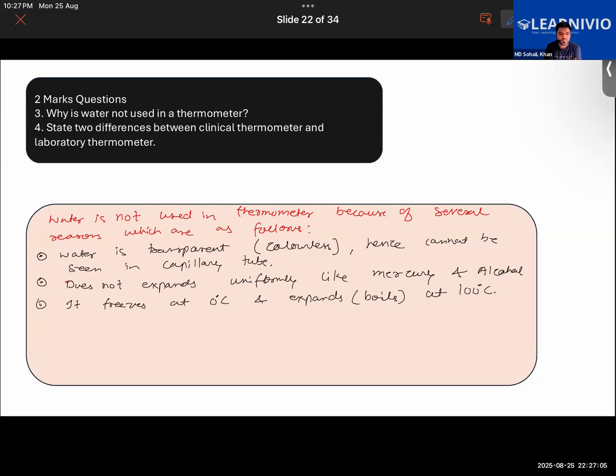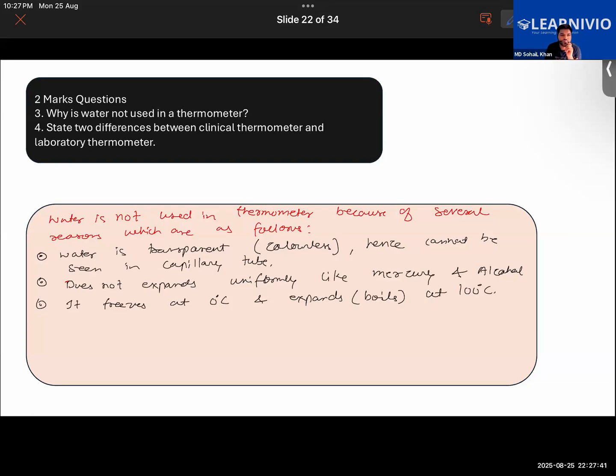Clinical thermometer is used by doctors to measure the temperature of patients, while laboratory thermometer is used in laboratories to find the temperature of chemicals and other stuff. The clinical thermometer has a kink which prevents the backflow of mercury, making it very easy to read.